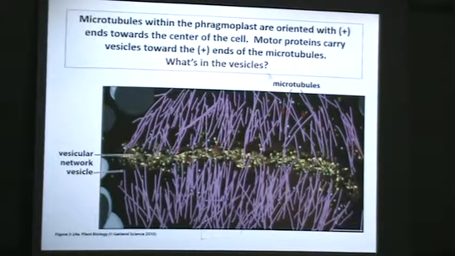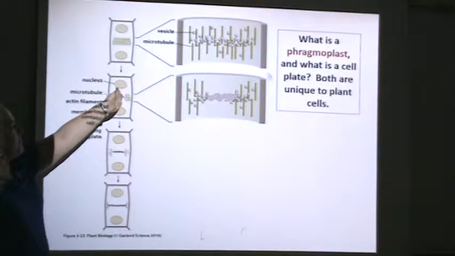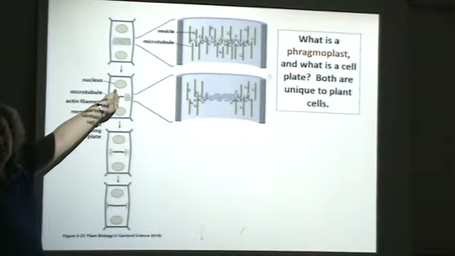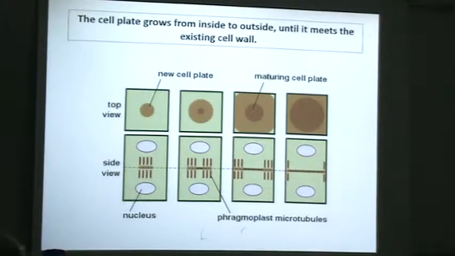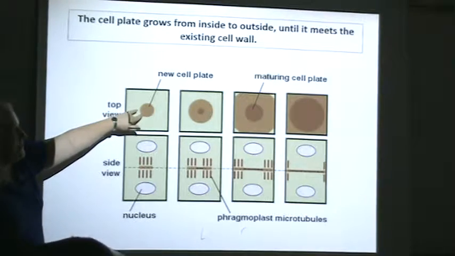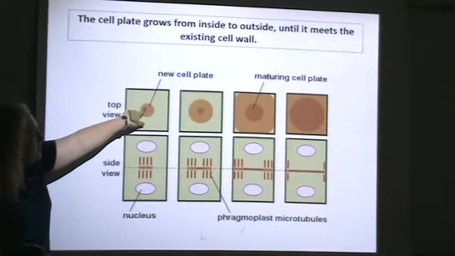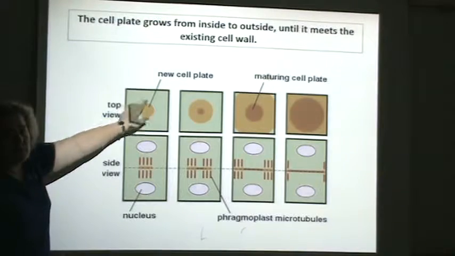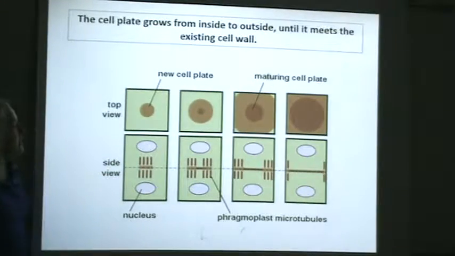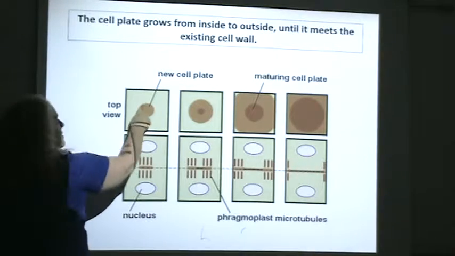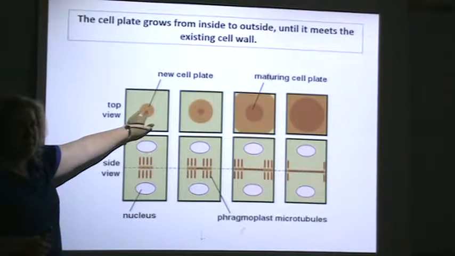So this view and all the other views that we've seen so far are looking from the side on. This picture that we're going to look at next, here's the side view, but here's what it would look like top down. So if we were to look from this direction, it would look like this. So looking down the long axis. And so this lighter orange, you can imagine, okay, there's some vesicles fusing.